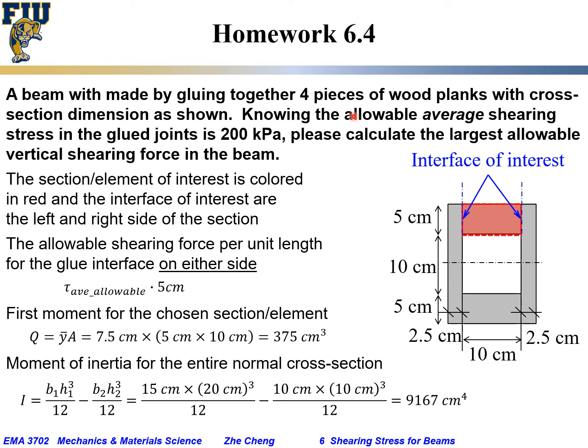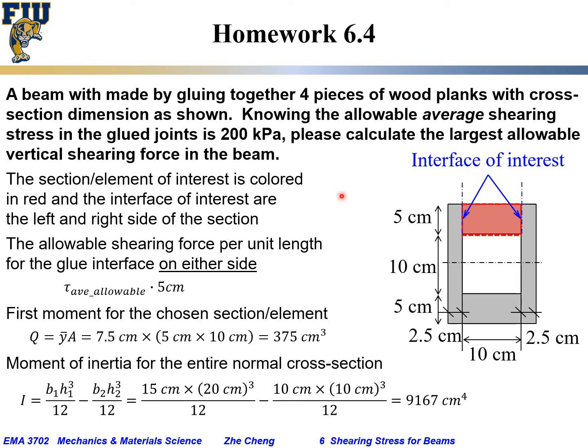So if the allowable average shearing stress in the glue, this is the glued interface, this is another glued interface, this is another glued interface, so if the allowable average shearing stress in the glued joints or interface is 200 kilopascal, we want you to calculate the largest allowable vertical or transverse shearing force that can be applied to the beam. Okay, largest allowable vertical shearing force that can be applied to the beam, in the plane of symmetry.